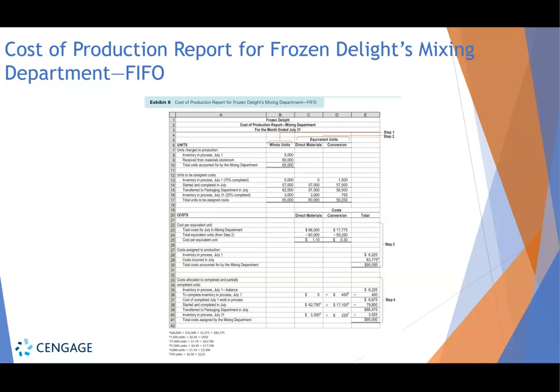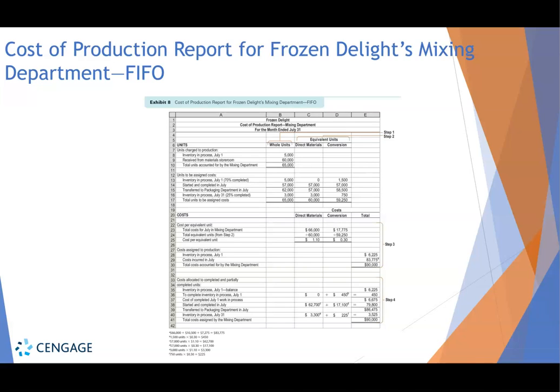This cost of production report is prepared for each processing department at periodic intervals. This report summarizes the following production quantity and cost information: the units for which the department is accountable and the disposition of those units, and the production costs incurred by the department and the allocation of those costs between what was transferred out and what's partially completed.